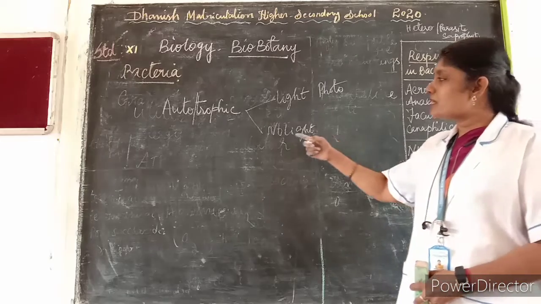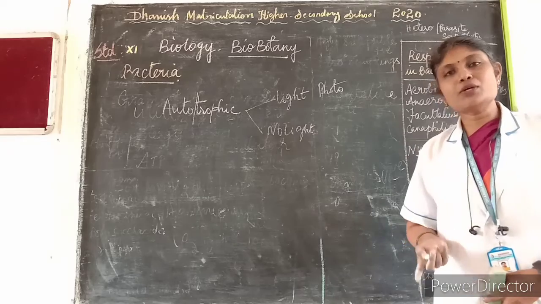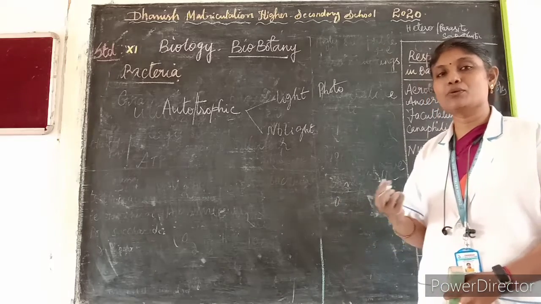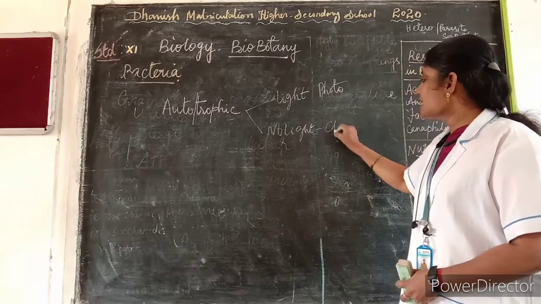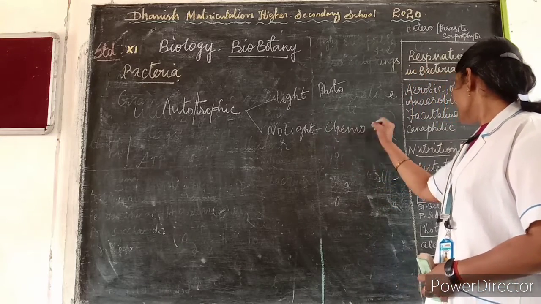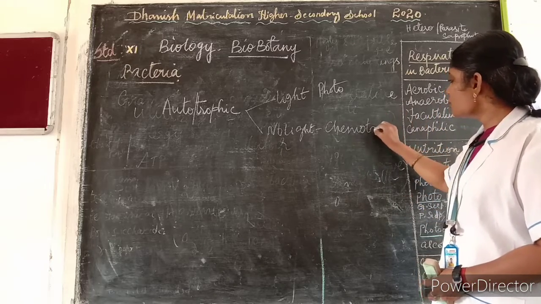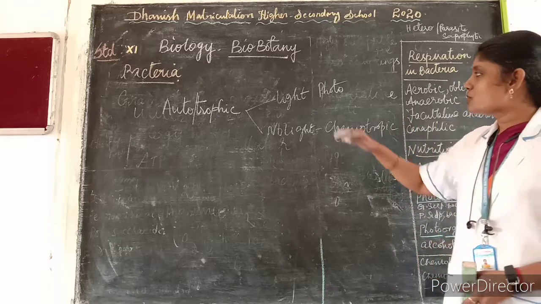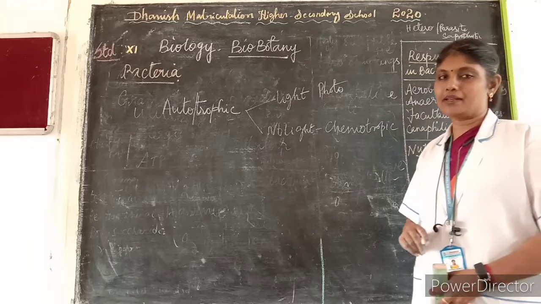The other type of bacteria, whose body system is not such that it can utilize light, are called chemotrophic bacteria. Understood? So phototrophic and chemotrophic bacteria.